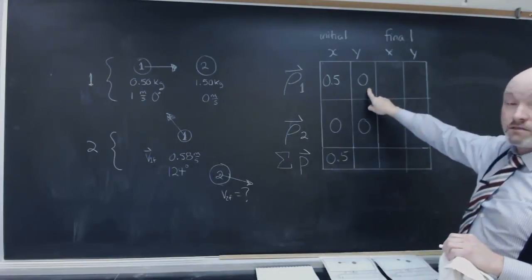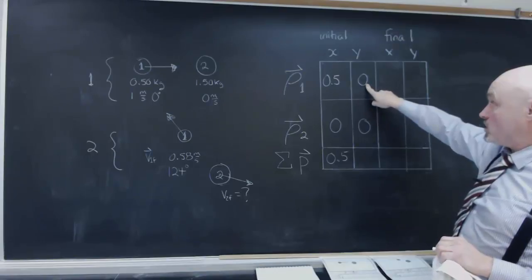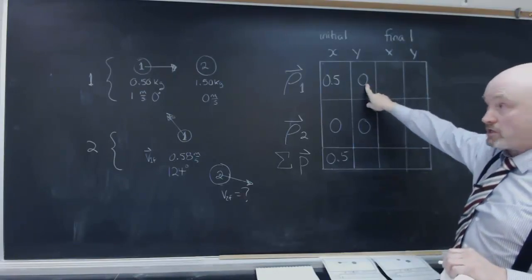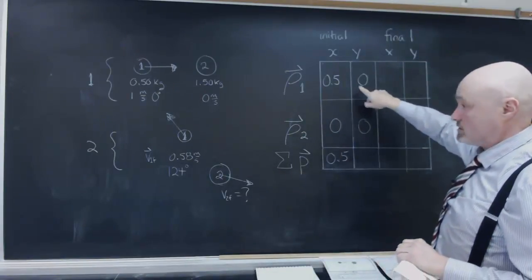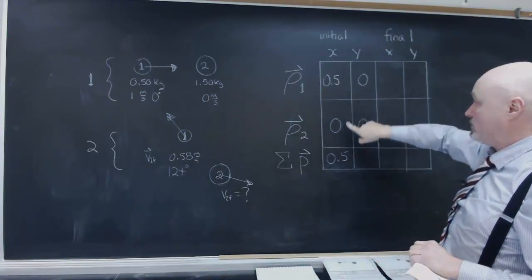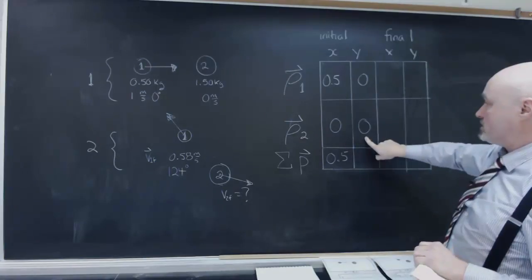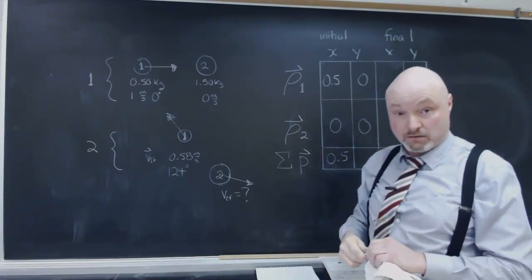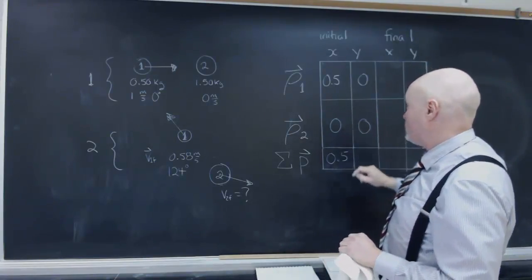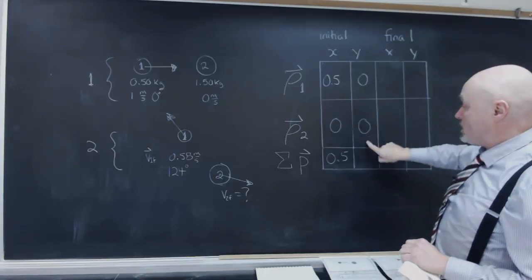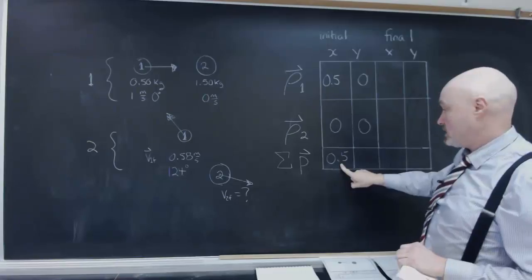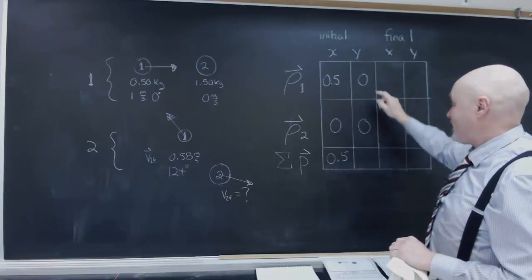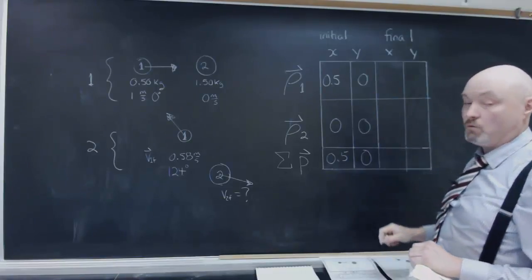There is no momentum in the y direction because it's running along the x-axis. The second ball is stationary, and so both of its momenta in the x and y directions are 0. So our total momentum is 0.5 kilogram meters per second in the x direction, and it's 0 in the y direction.